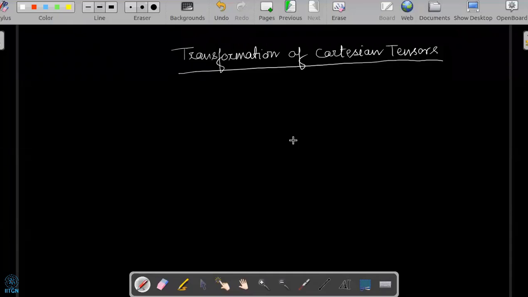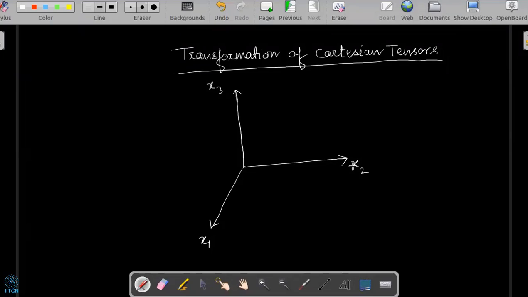So let's consider a coordinate system. We have, let's say, x1, x2, and x3. Here I just made a change. Instead of starting x1 from here, I started here.